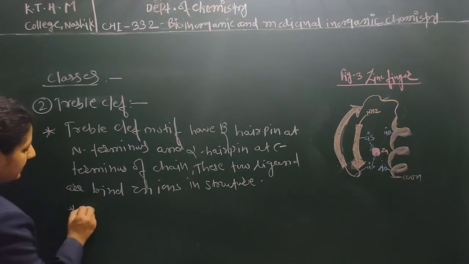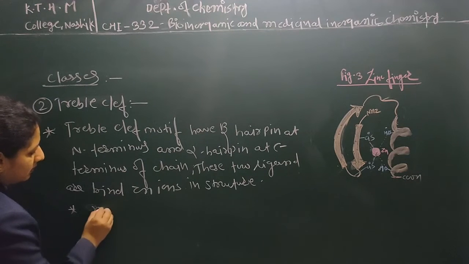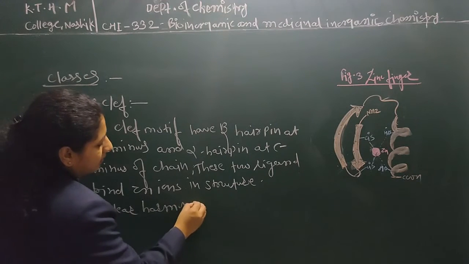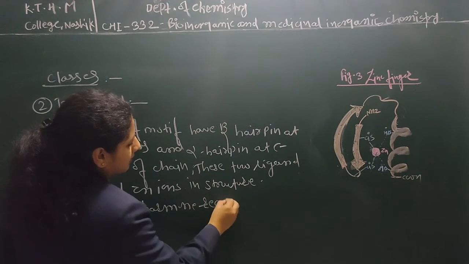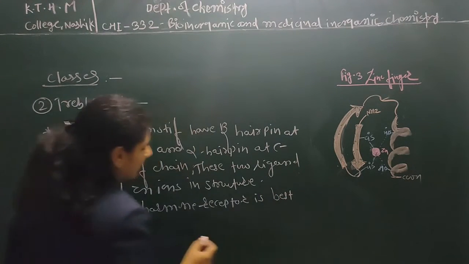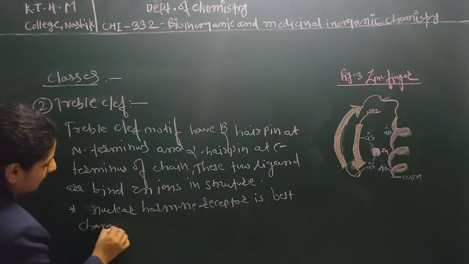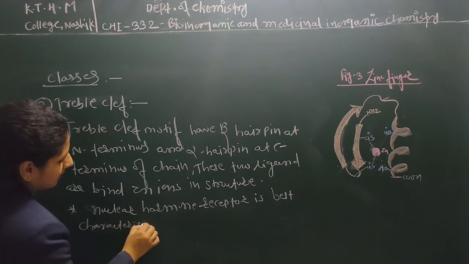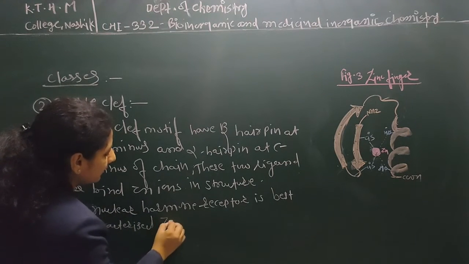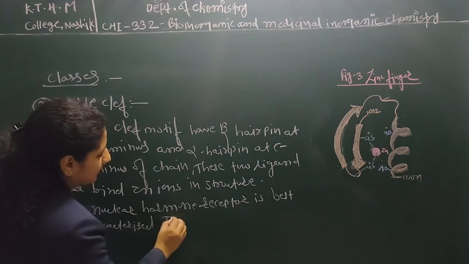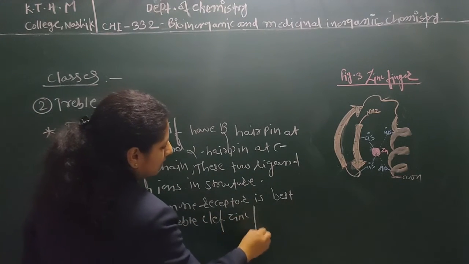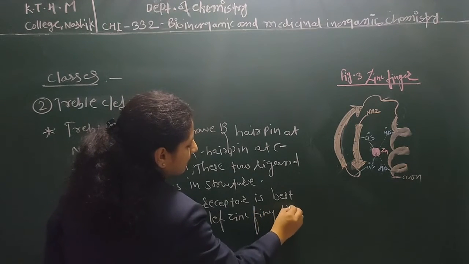The nuclear hormone receptor is the best characterized treble clef zinc finger motif.